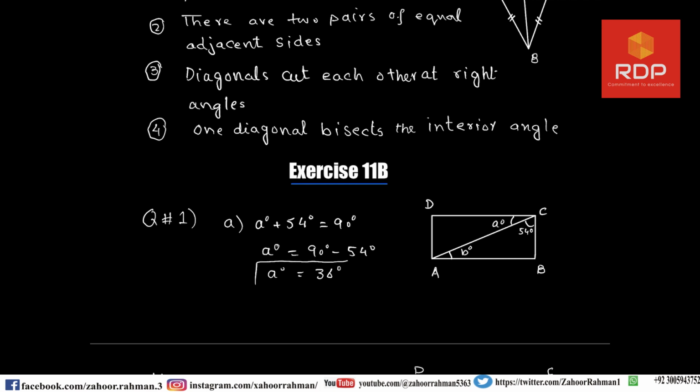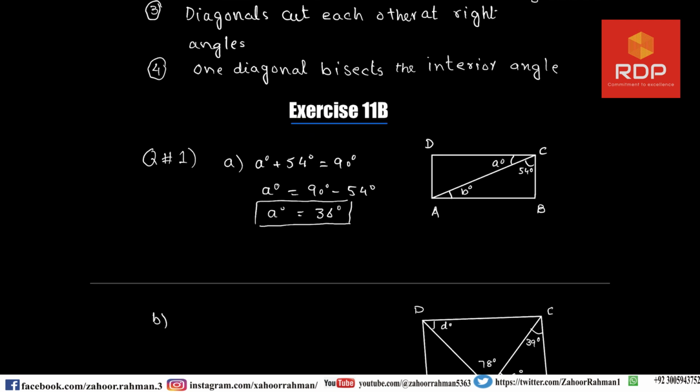So we found the value of A. Now if we found A, can we find the B value to be 36 as well?